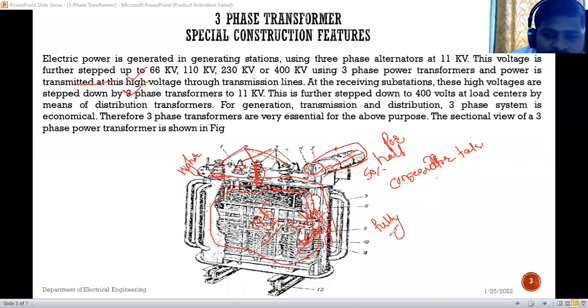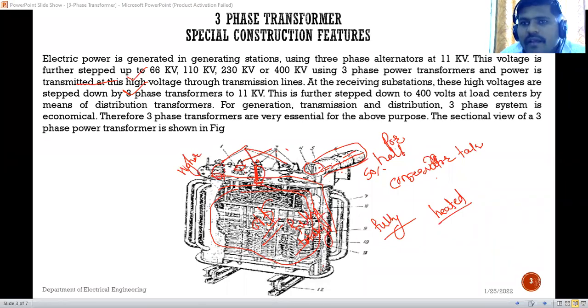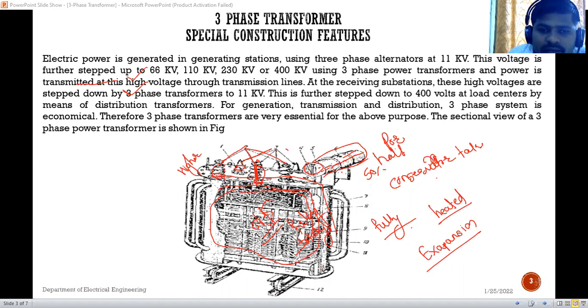See, when the transformer is heated, ज्यावेळेस transformer heat होईल, so in that situation the oil is also heated, and when the oil is heated, that means there will be an expansion of oil. Right? No? ऑइलचं काय होईल, एक्सपान्शन होईल का? Here it is, these are the pipes. Okay.